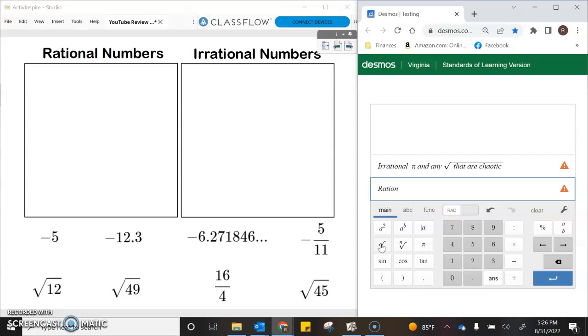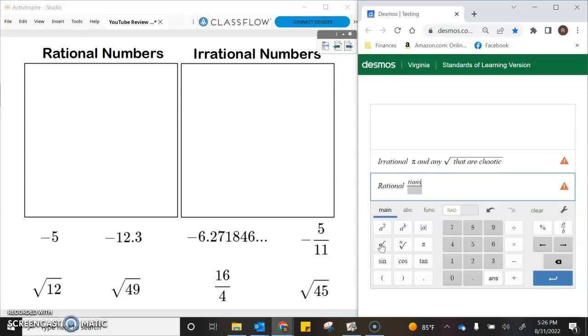Then we have rational, and those will be the fractions. Anything that's a fraction, a over b, negative a over b. Also, it'll be decimals that stop, like 0.5, or it'll be decimals that repeat, like 3333333 forever. Just keeps going. All right?